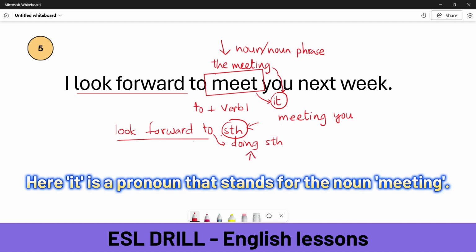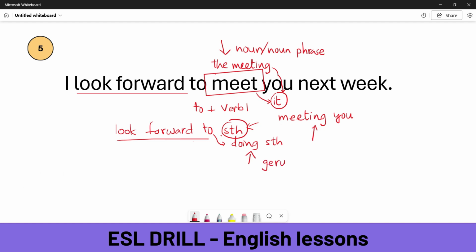Here doing refers to the name of an activity. What is the name of activity here? Meeting. And this is otherwise called gerund. Gerund has another name. It is called verbal noun. Verbal noun, because it is actually a verb.